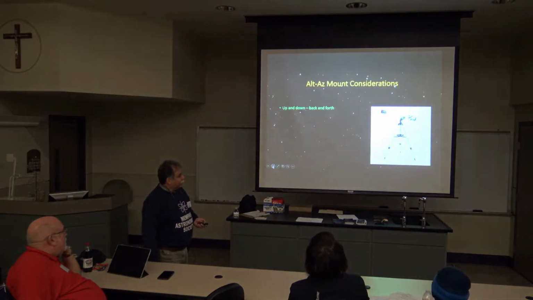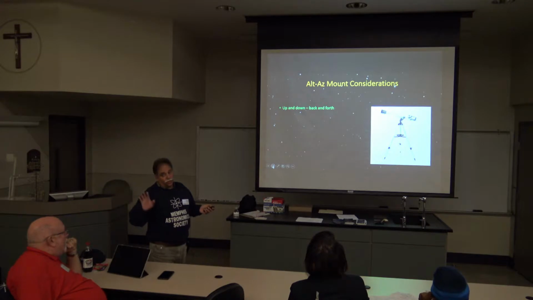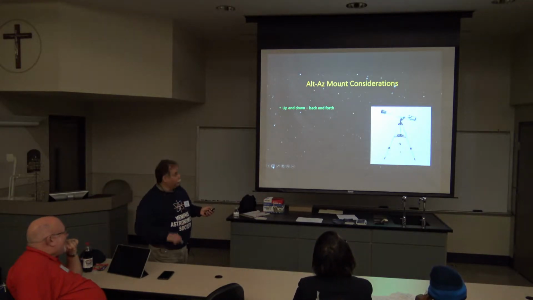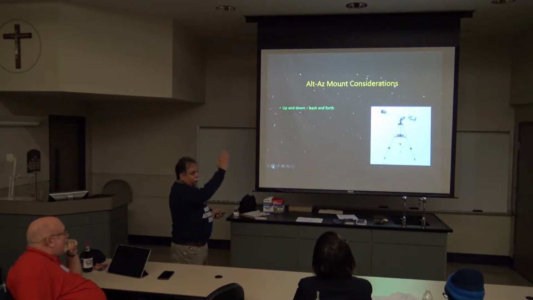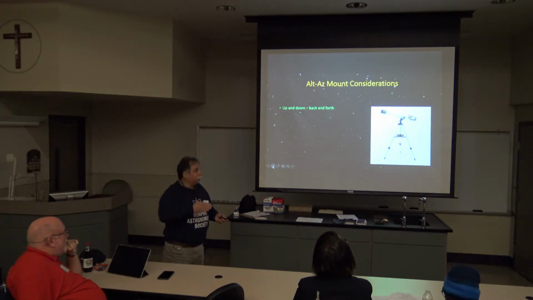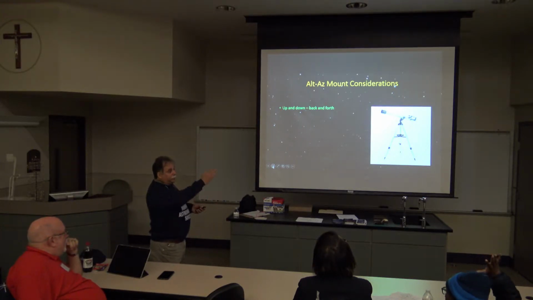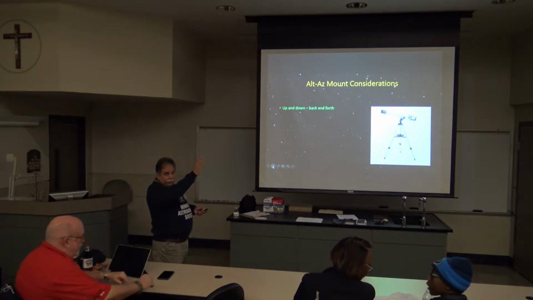Okay, so let's see. Alt-az is, again, this is a picture just to show it. Don't buy the mount. You see here it has a fork that allows the telescope to move up, down, and it has here an axis that allows it to move left, right. So with this telescope, you point and then you move and get to your object.